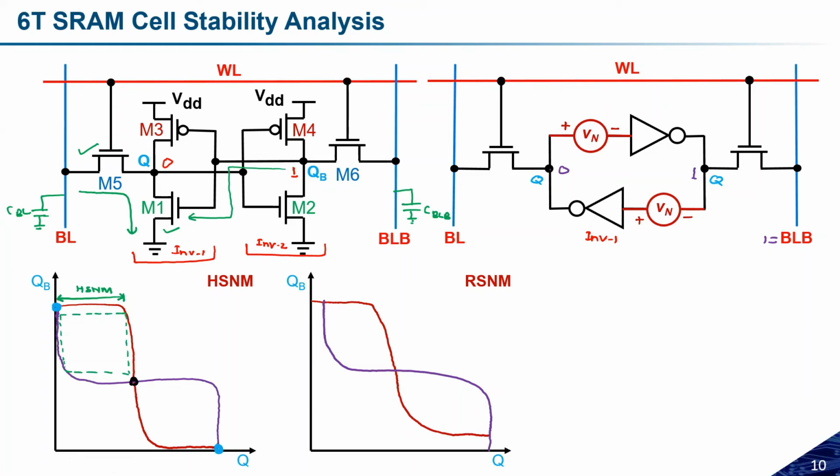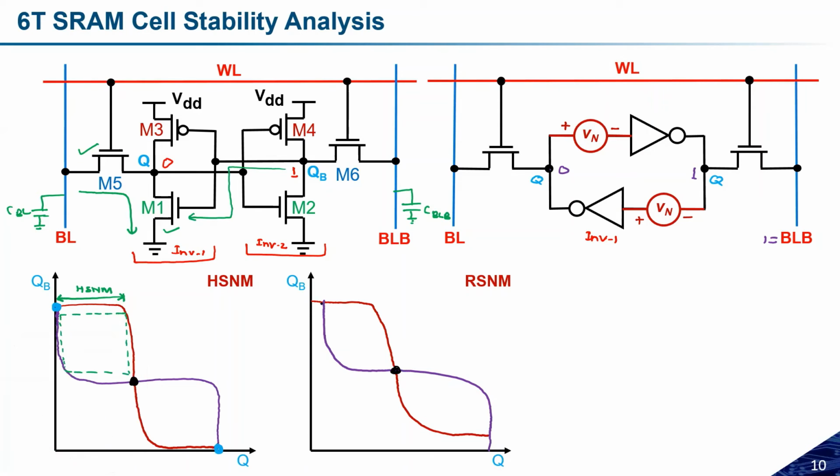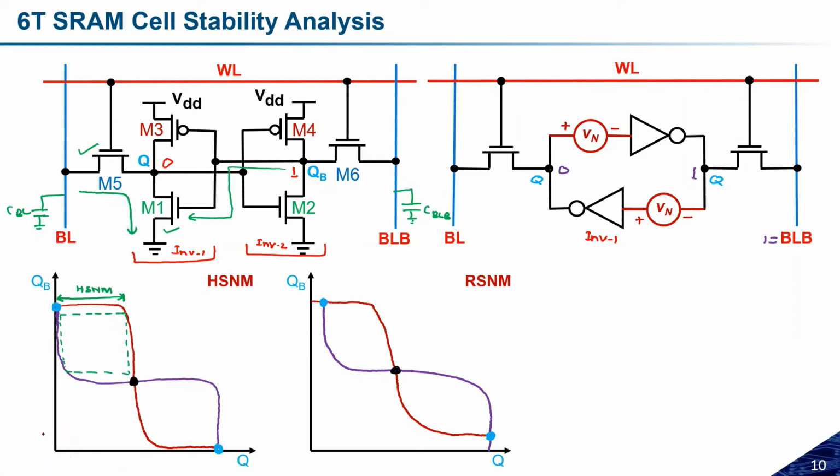So this point is the unstable point during the hold, and the other two points, this one and this one, are the stable points. But if we talk about the write noise margin, we have only one stable point. Why it is so, let me explain that.